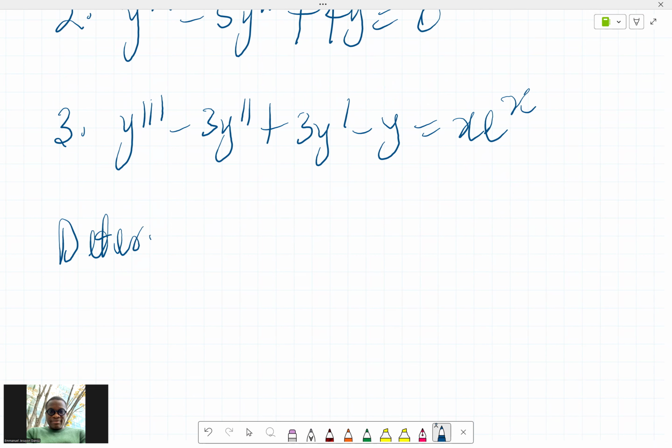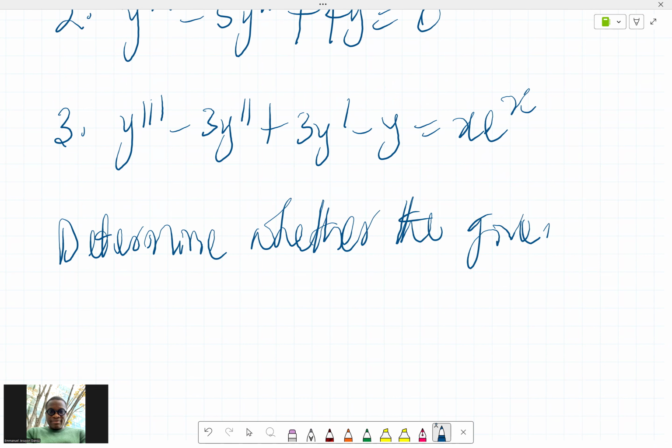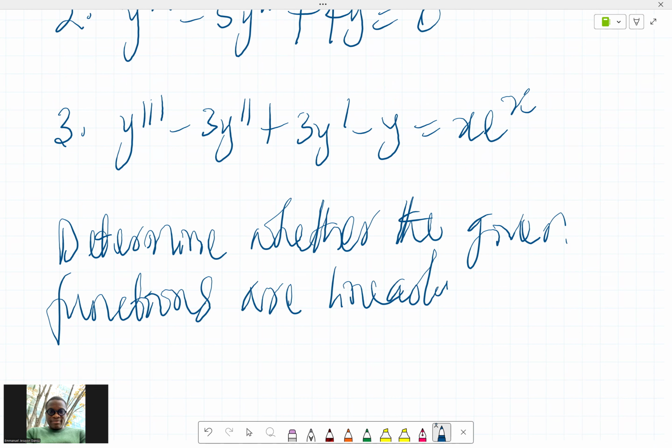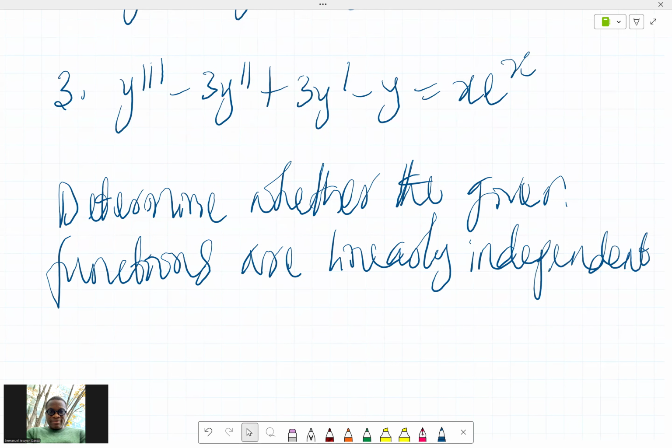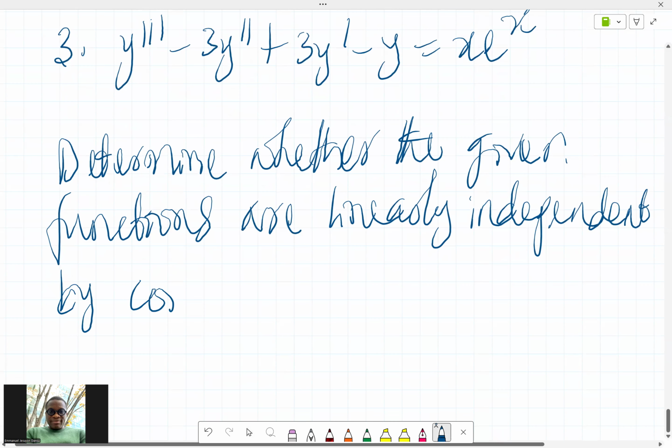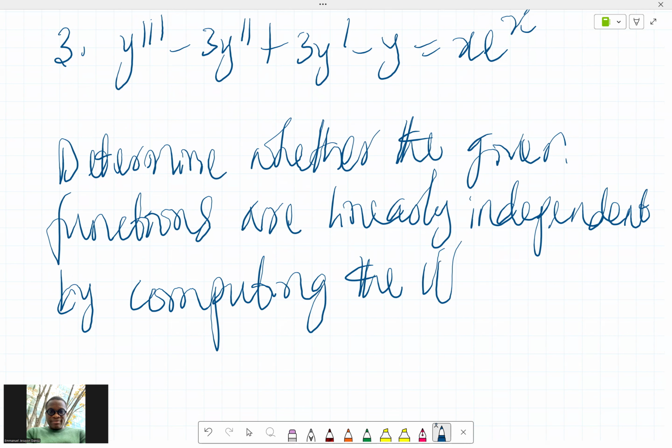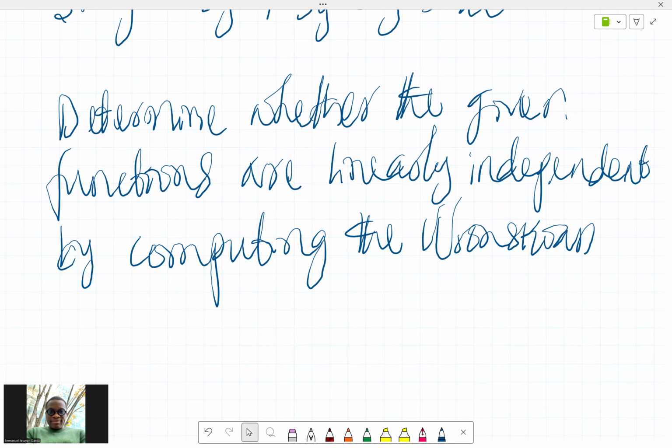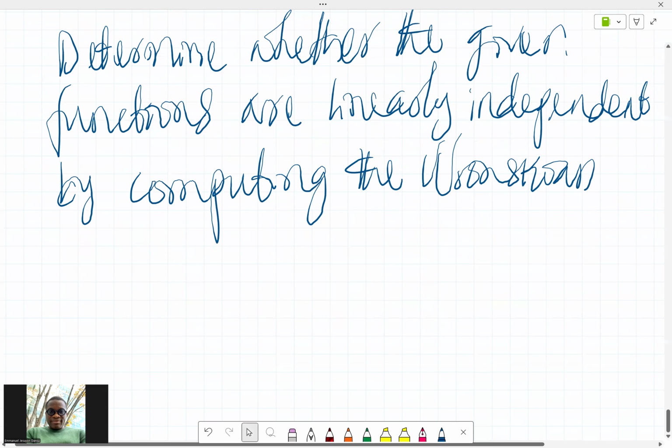Determine whether the given functions are linearly independent by computing the Wronskian. So I can list that as 4 now.